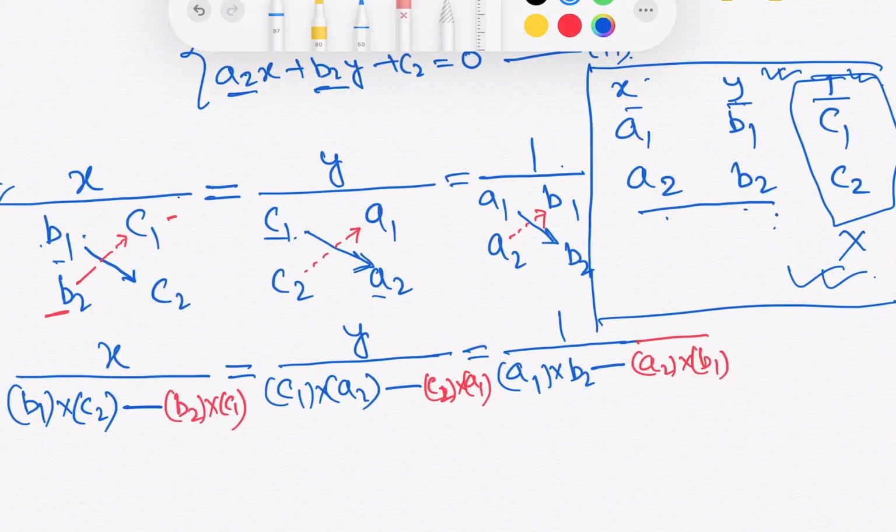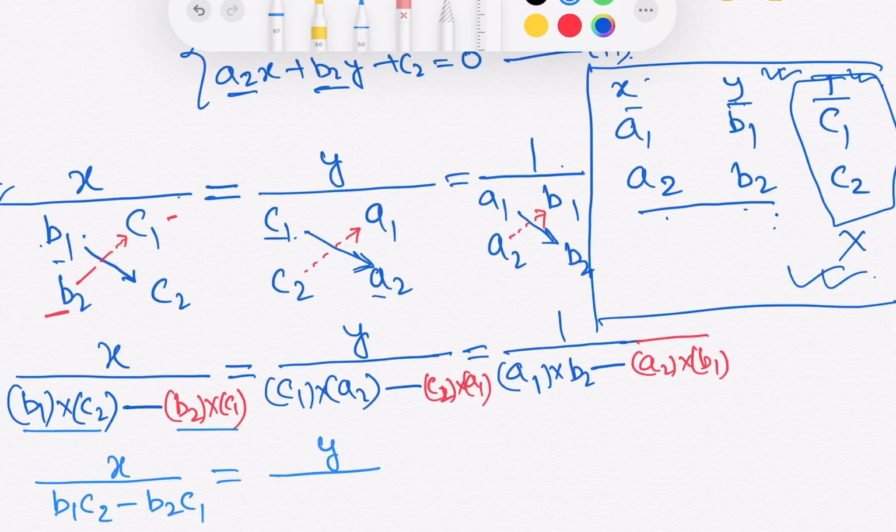So now after that you simplify this expression here, x divided by b1 c2. Now multiply both the terms here, b1 into c2 minus this one b2 into c1 is equal to, for y you write here c1 into a2 minus c2 into a1.